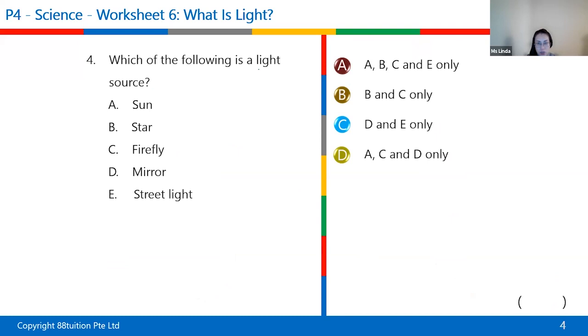The light source. So basically, name all your light sources. Sun is a light source. Your star is a sun, by the way, in case anyone doesn't know. Because they are so far away and they are all in the sky, we see them as a lot of little tiny stars. But as you get closer to them, they are actually suns in their own solar systems.